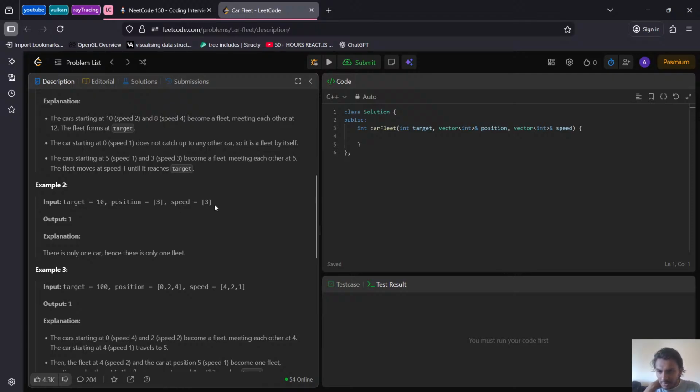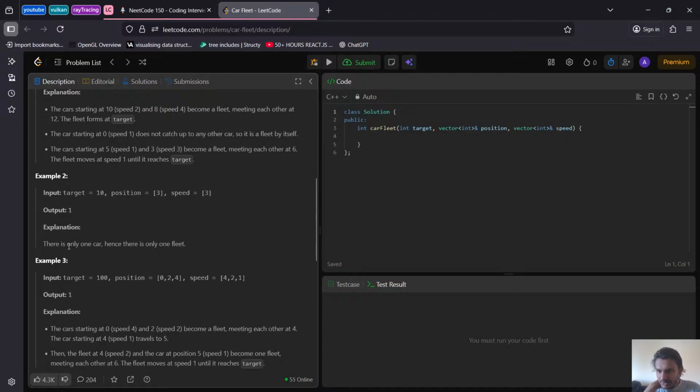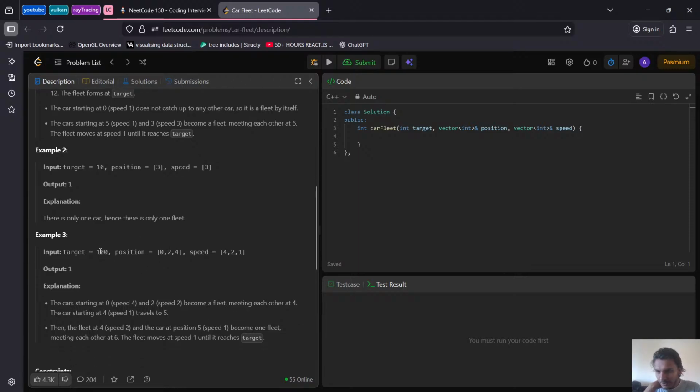With the speed 3 car, it will reach 3, then 6, then 9. There is only one car, hence there is only one fleet. For the speed 4 car, it goes 0, 4, 8, 12.